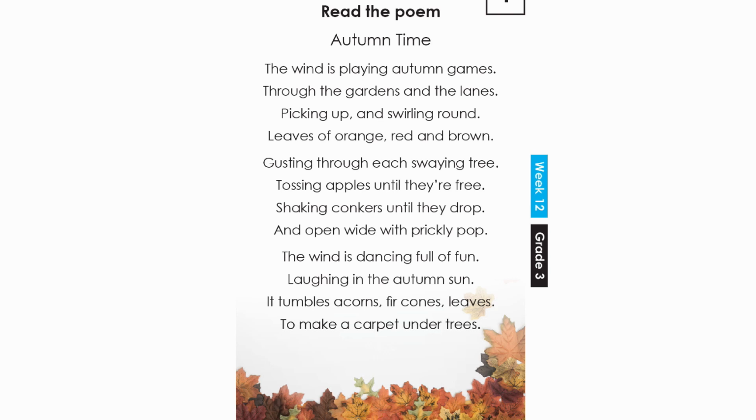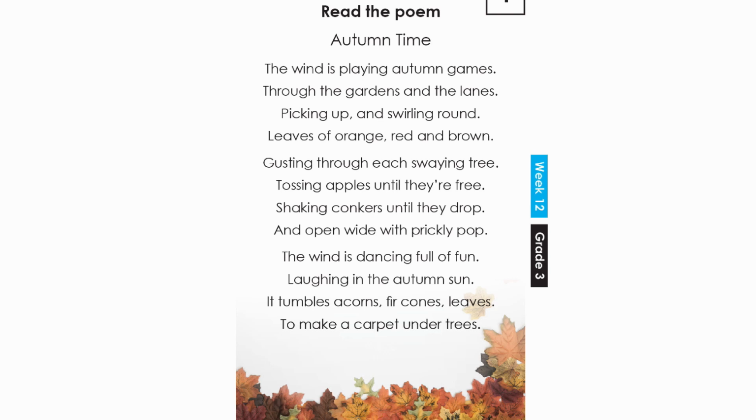Now we're going to learn that in this poem, there are things that happen in autumn, but also there are words that rhyme when we talk about autumn. So I want you to listen carefully. I am going to be reading for you. You can follow with your finger and make sure that when you do follow, try hard to find the rhyming words. Let us start at the title.